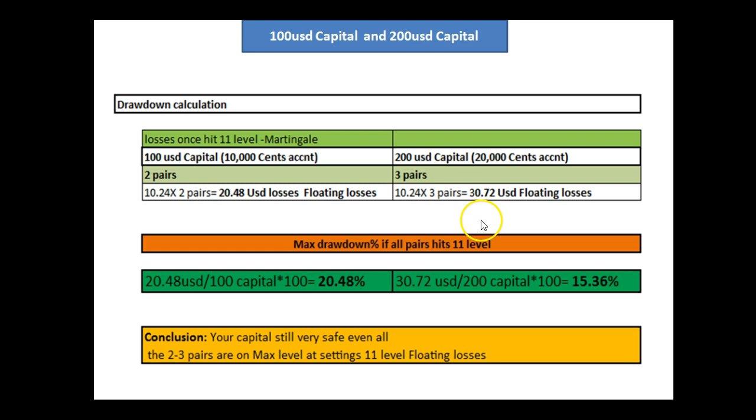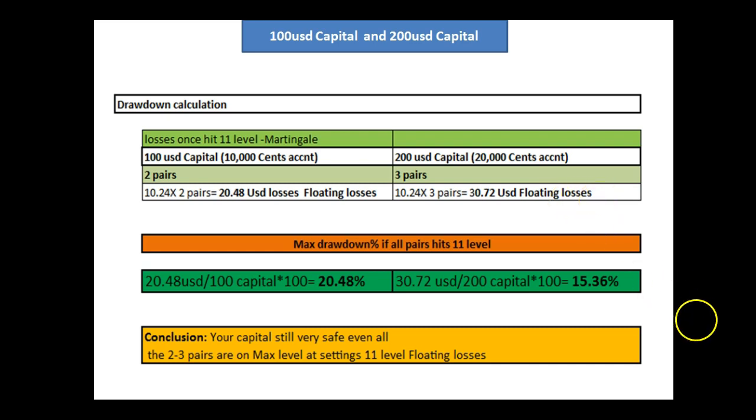Say you use Australia US dollar, another one is USD Canada, another one is USD Japan yen. All of these pairs never hit your TP. I don't think it will happen, but it is possible, and this is the worst case. So all of these 3 pairs hit up to a 220 pips drop or rise without hitting your TP.